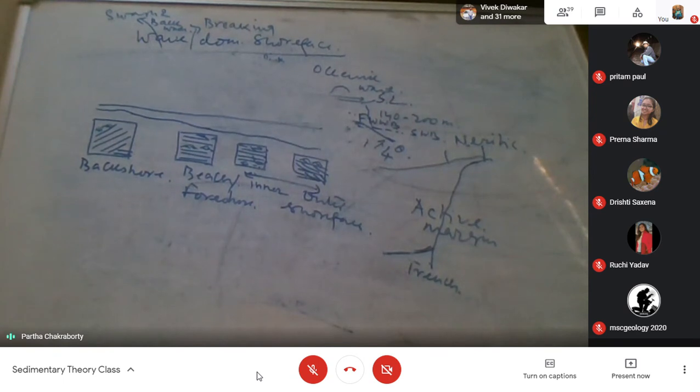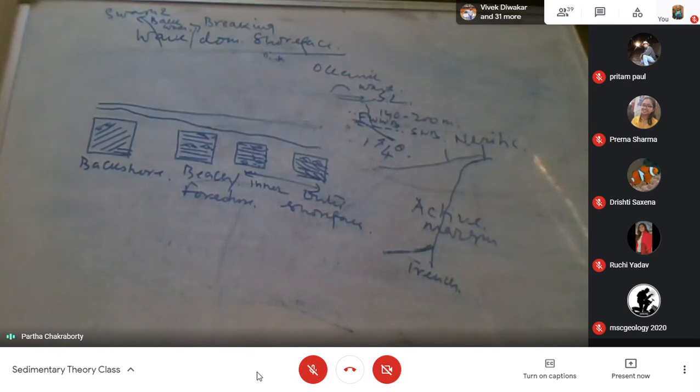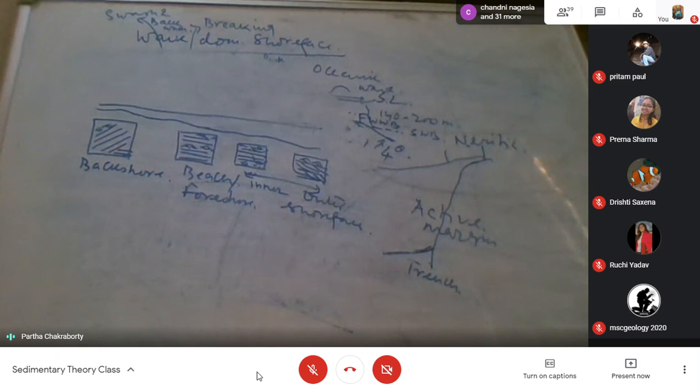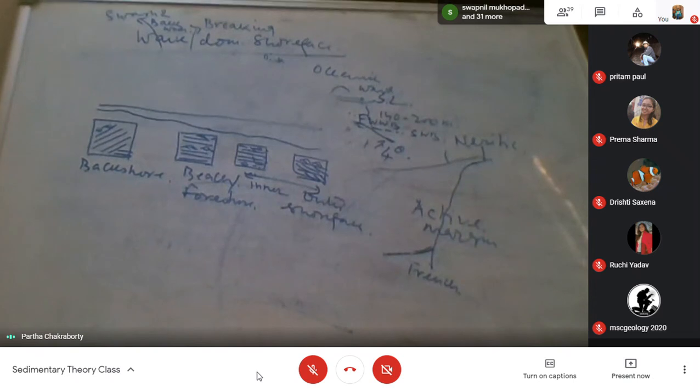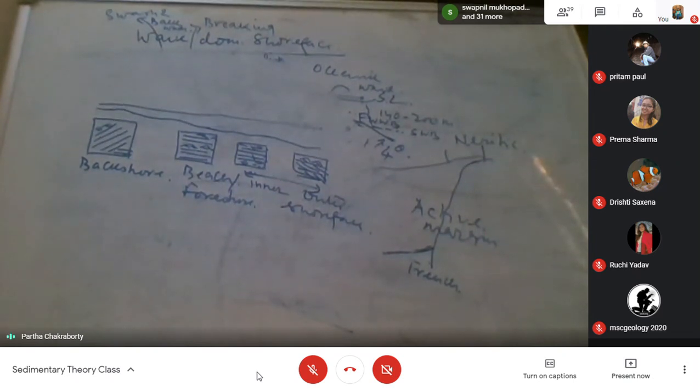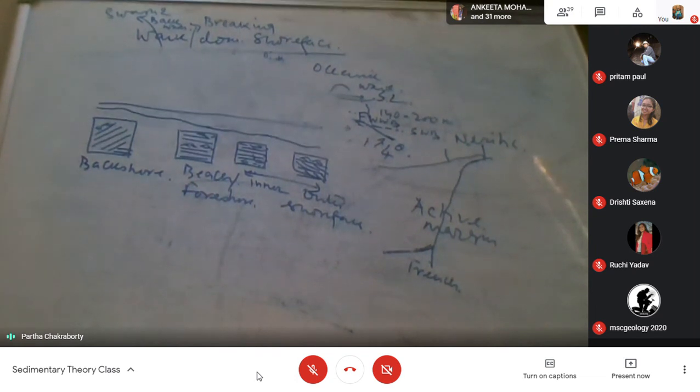In beach foreshore, this is the most well sorted sandstone, very well sorted sandstone in the beach, and there is a very high energy condition because it is dominated by swash and backwash. Many of you who have gone to the seashore and stood there have seen that the waves are breaking and a very fast moving current.